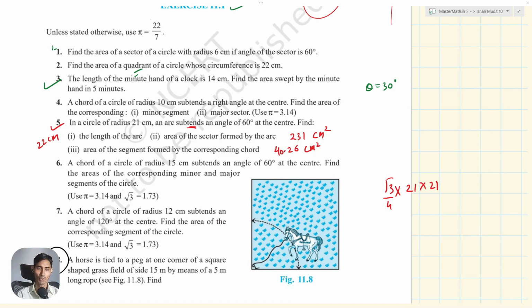Okay, so you took 231 divided times root 3 and then divided by 4. In that case, it becomes 231 minus 441 root 3 by 4. Okay, it is 441. So 441 times 1.73 divided by 4 is 190.73 something.